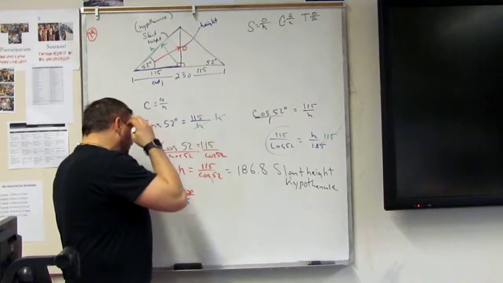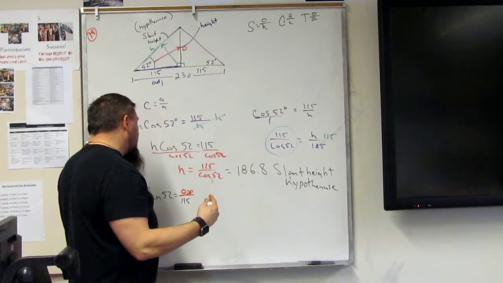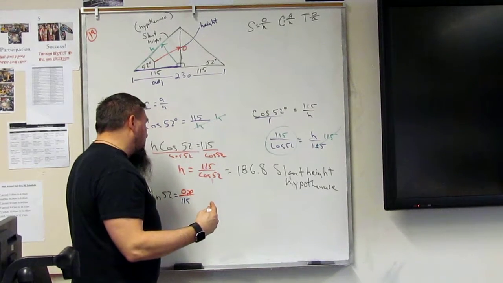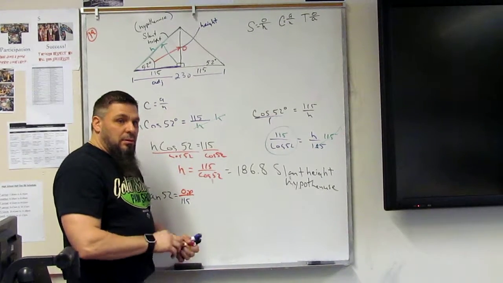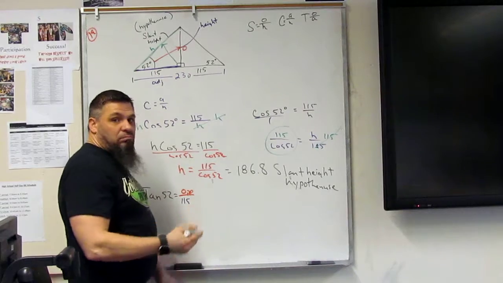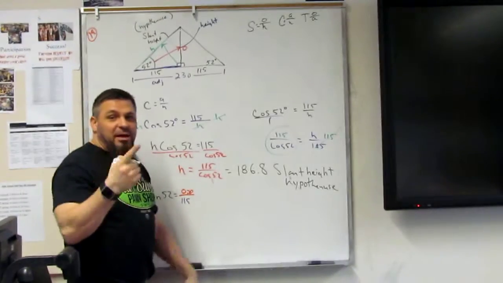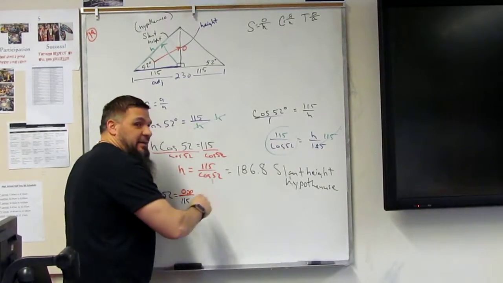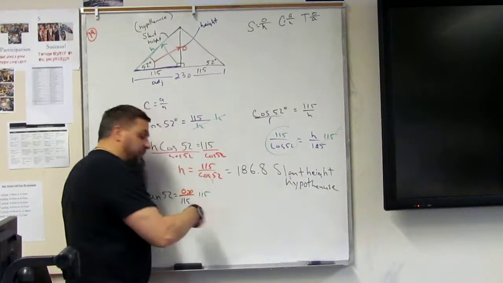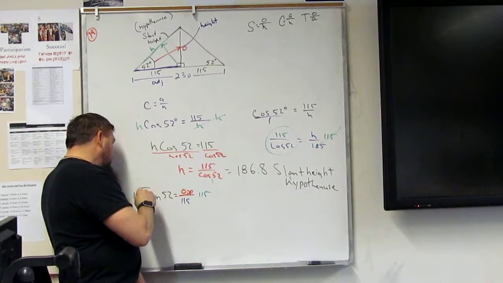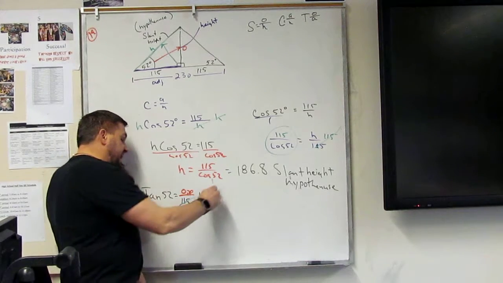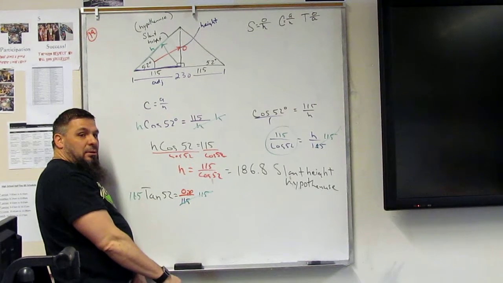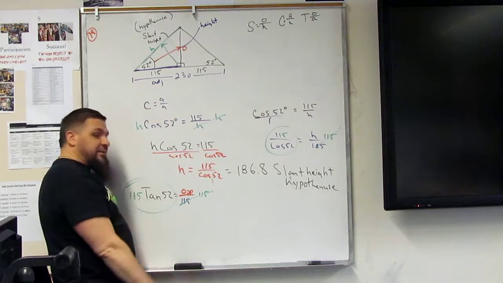Okay. And then, so we're saying, what do we do to solve for the opposite? Always the opposite, right? So multiply in this case. This one's pretty easy. We're just multiplying by 115. Right? These cancel. And that's it. That's the answer.